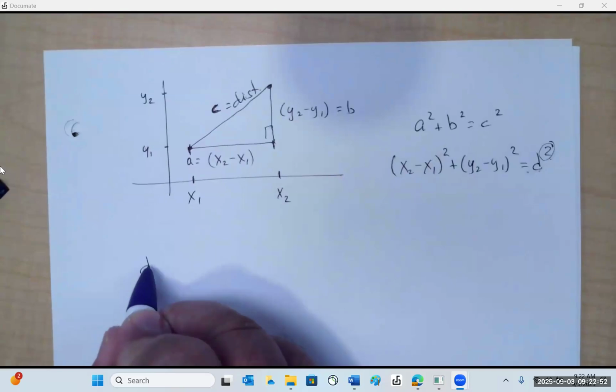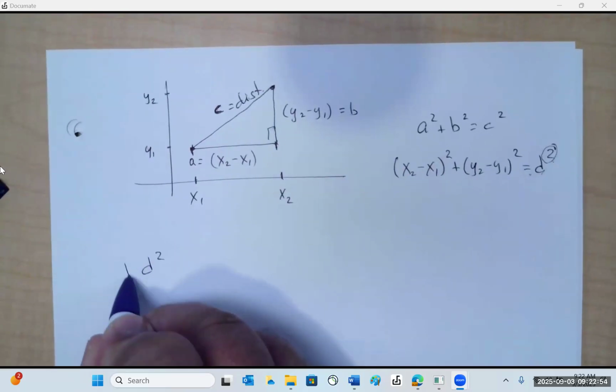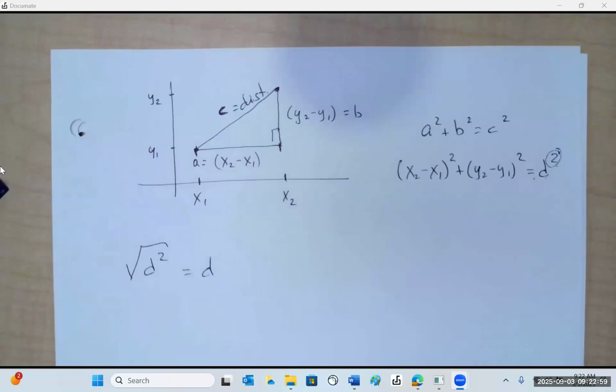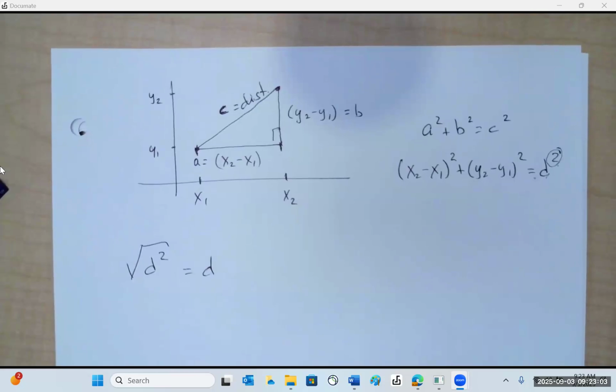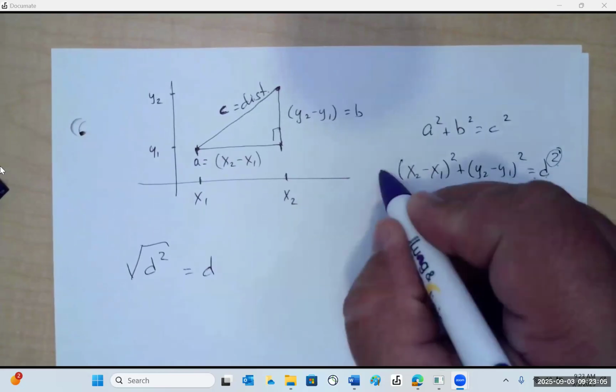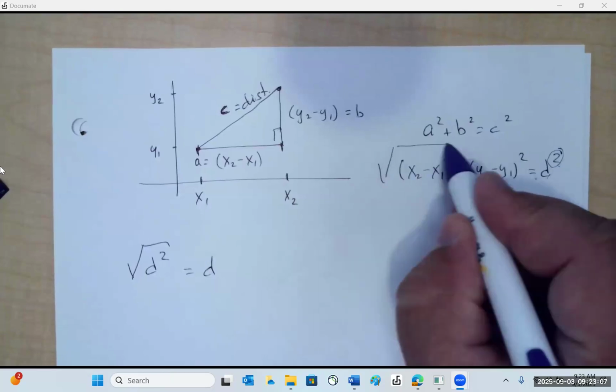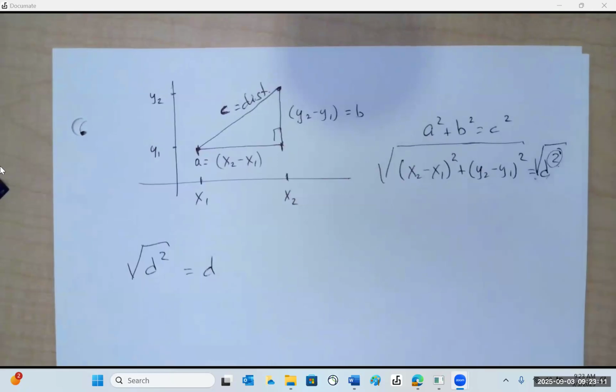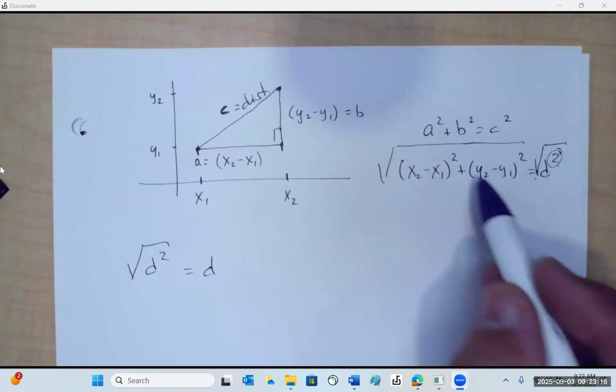So d squared, if I take the square root of it, it equals d. In other words, I have to take it to both sides. Whatever I do to one side, I gotta do to the other side.